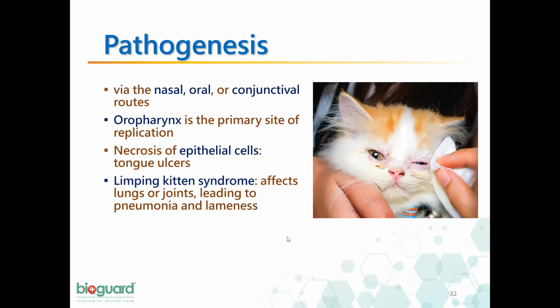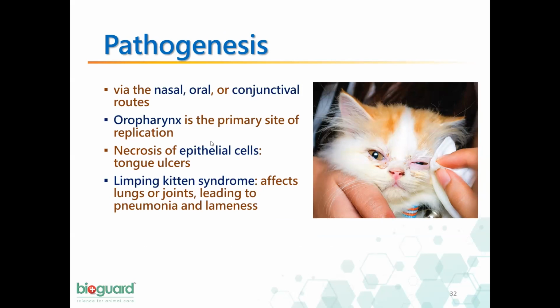When we talk about the pathogenesis, as I mentioned before, the virus enters the healthy cat through nasal, oral, or conjunctival routes. It then enters the oropharynx region, which is the primary site for replication of the virus.